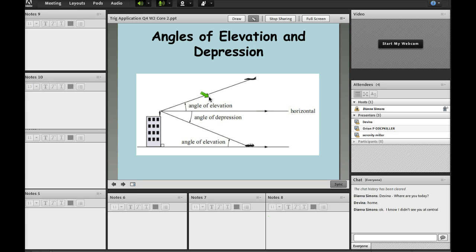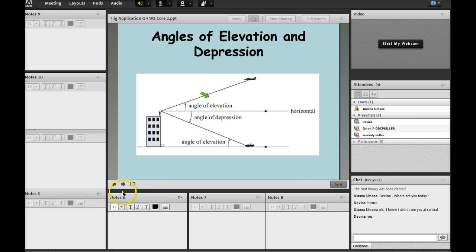So if you are here and you're looking up, the angle from the horizon to whatever object you're looking at is the angle of elevation. Does that make sense? Okay, and if you are up high and looking down, that is the angle of depression. Make sense? Davina, does that make sense to you?